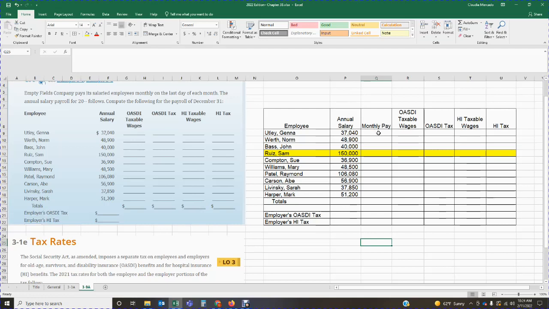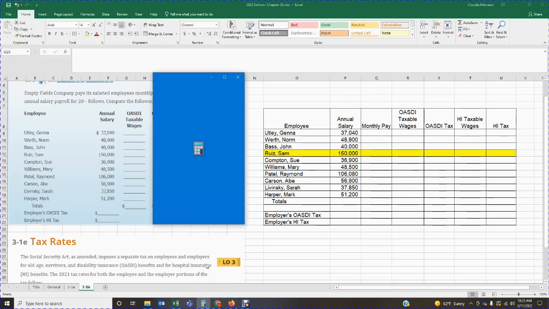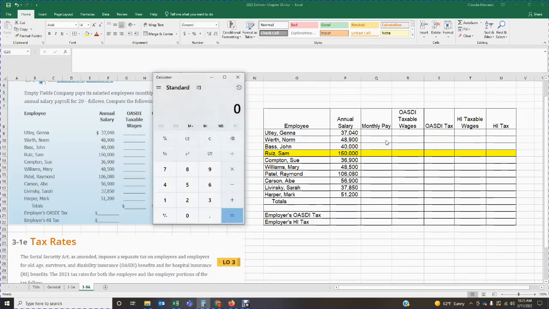Now, Sam Ruiz did go over the cap, so we're going to have to do an extra calculation for Sam, because not all of the earnings in that last payroll are going to be taxable for OASDI purposes. So I'm going to leave Sam for last, and we're going to work our way through each of the rest of the employees. I'm going to have my calculator up so you can follow along with my calculations.